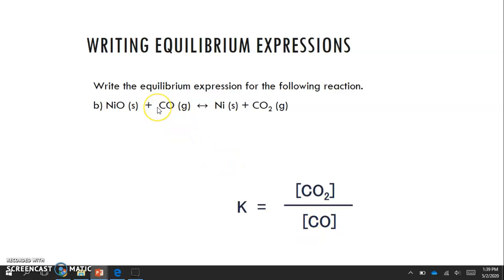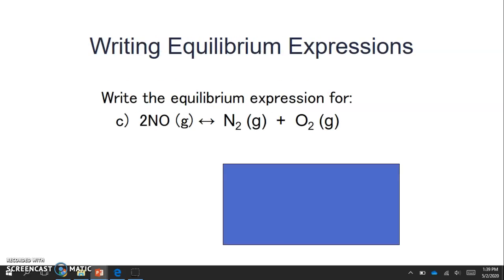And then there again is no coefficient, so there's no exponent. So to solve for this equilibrium constant, you would just do the concentration of carbon dioxide divided by the concentration of carbon monoxide. Again, we didn't include the nickel compounds because they are solids. You don't include solids or pure liquids when you're calculating these.